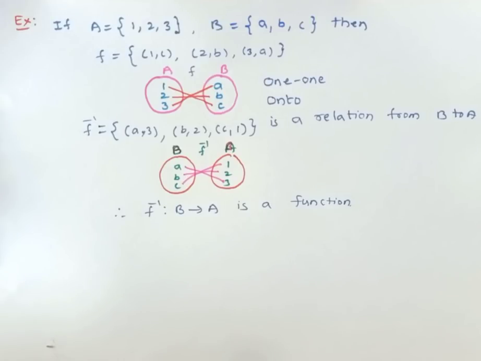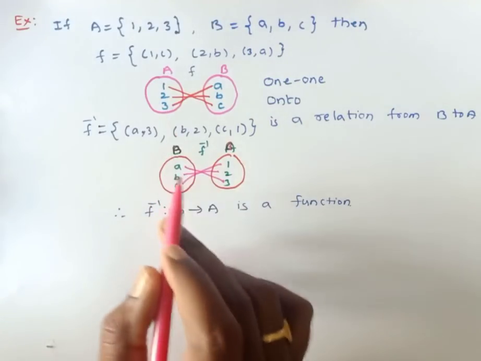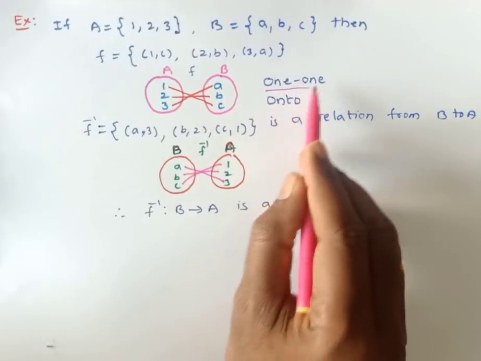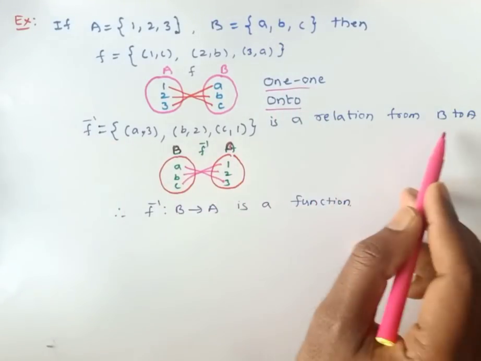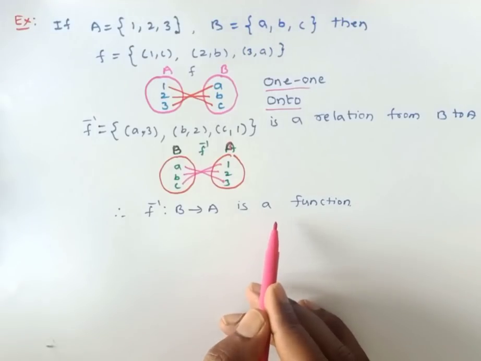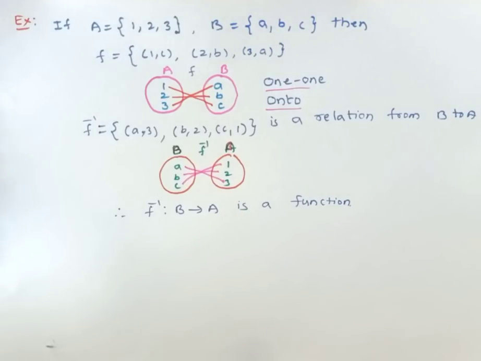The second function is not 1-1 but onto; even so, the inverse relation is not a function. Now check the third example. Here it is a relation that is both 1-1 and onto. In the reverse manner, F inverse from B to A is a function when F is 1-1 and onto.